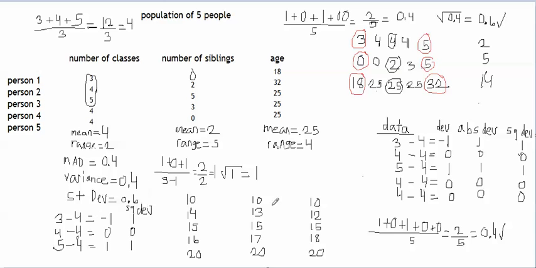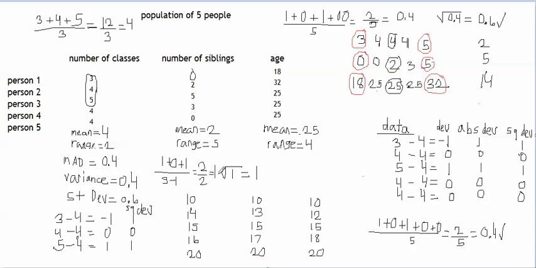So when you take data from an entire population and you calculate the variance with the unadjusted formula, you get a population variance. And then when you take the square root of the population variance, you get a population standard deviation. If you have data from a sample and you calculate the variance with the data from the sample using the adjusted formula, you get a sample variance.